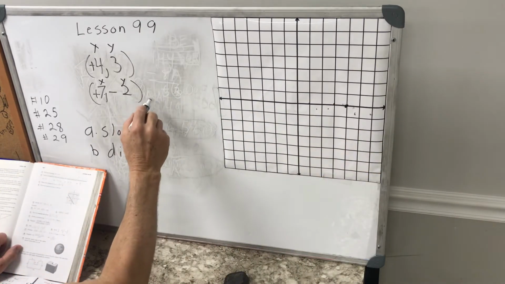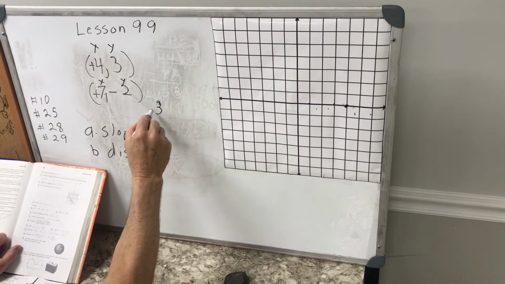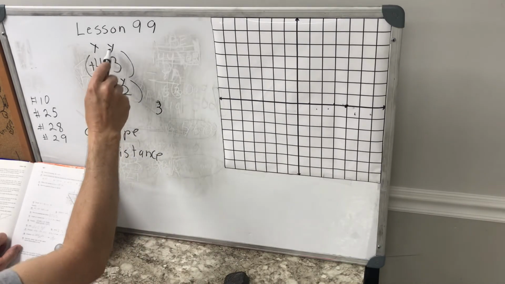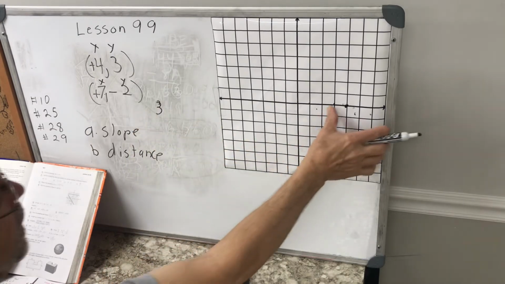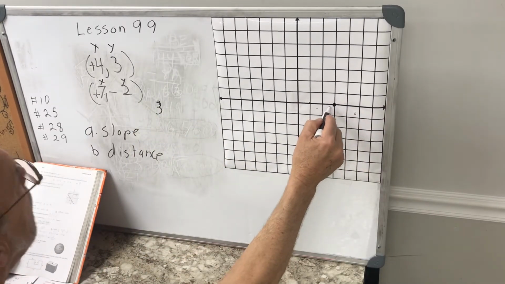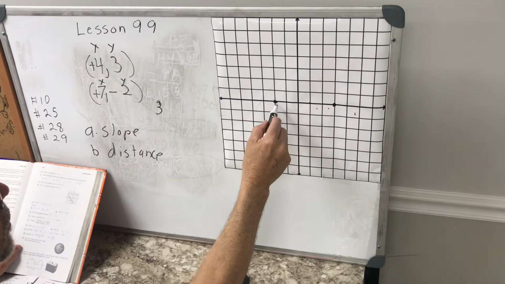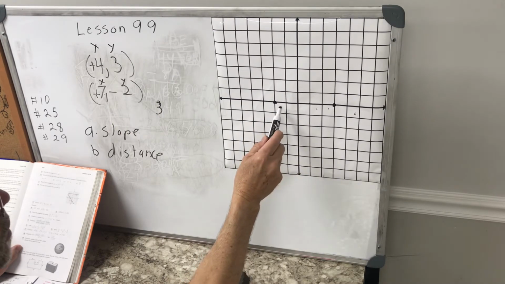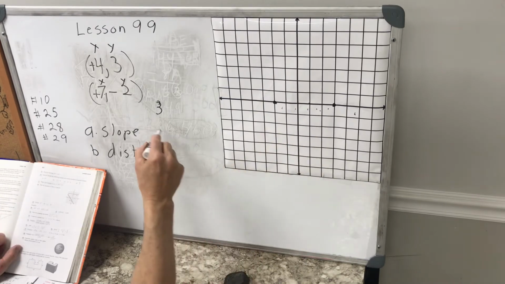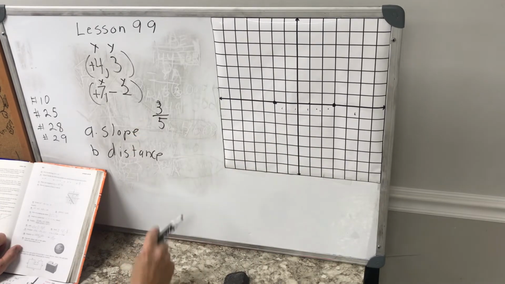So what we actually have is a 3, and then we go to the Y's. We have a 3 and a -2. The distance here is 1, 2, 3, 4, 5. So we actually have a 3 over 5.